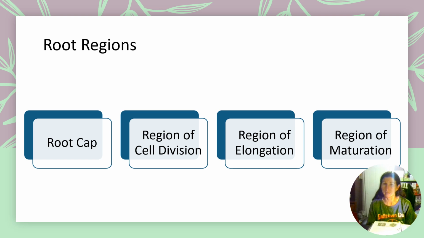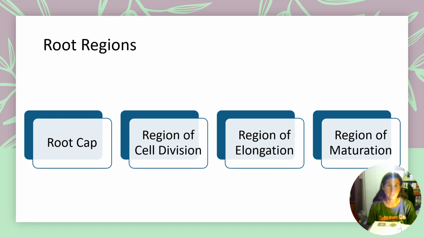This is the part that adds to the region of elongation, so that it helps the roots grow and get bigger. In that region of cell division, the apical meristem divides into 3 meristematic regions: the protoderm, the ground meristem, and the procambium.